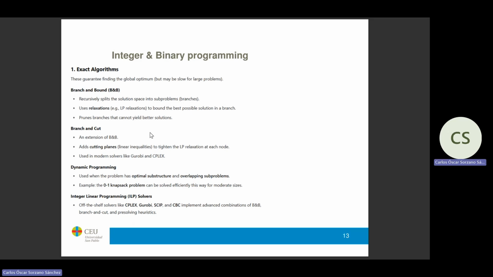Maybe if the problem is too large, because you have to try many possible combinations, it may take a lot of time to find the optimal solution, but you can find the global optimum. We will see these different algorithms: branch and bound, branch and cut, dynamic programming, integer linear programming, and so on.